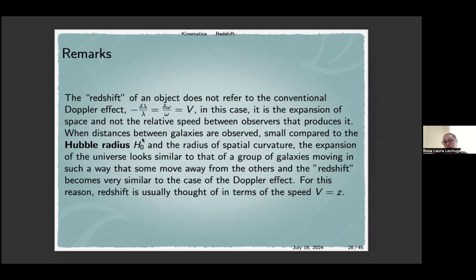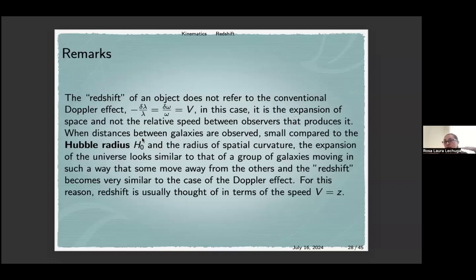If we are working with a cluster or group of galaxies in which the distances between the galaxies are similar to the Hubble radius, then we can compare the magnitude of the cosmological redshift with the velocity redshift.